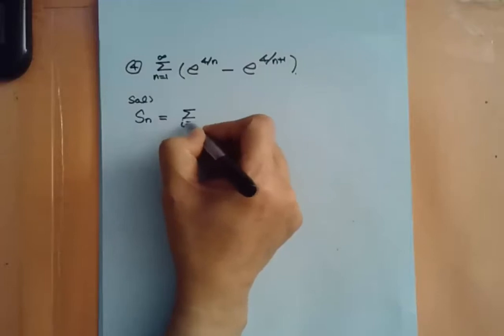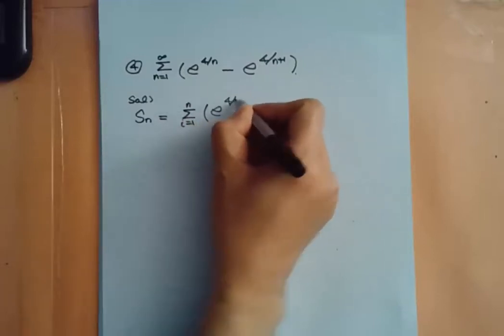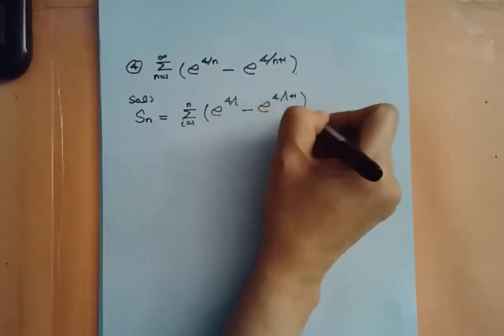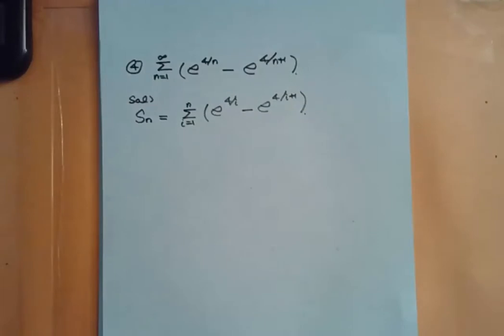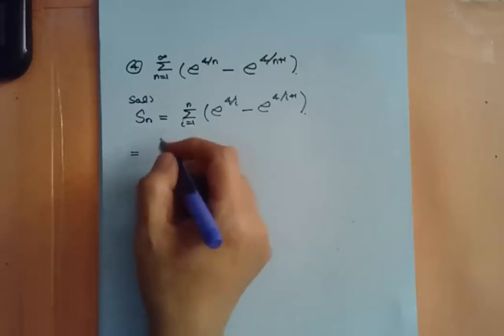Then that is I equals 1 to n, e to the 4 over I minus e to the 4 over I plus 1. So we just keep writing like that.